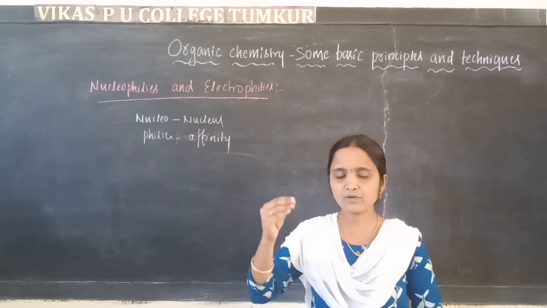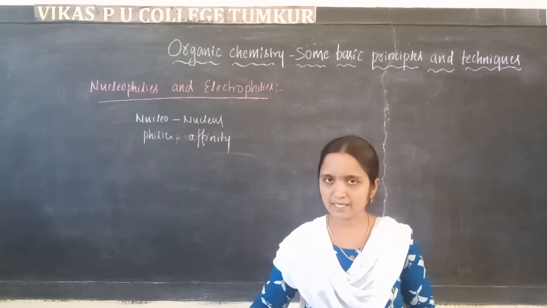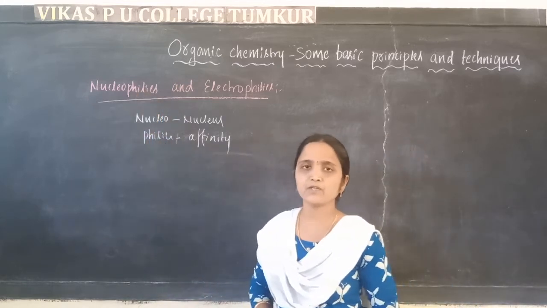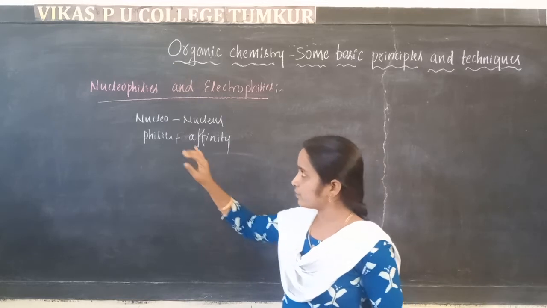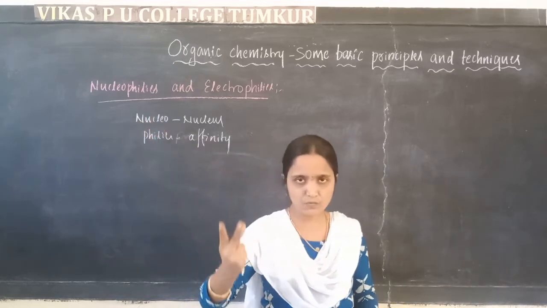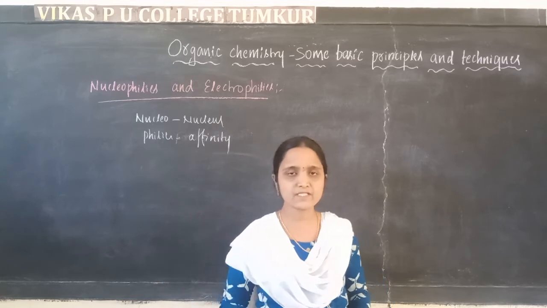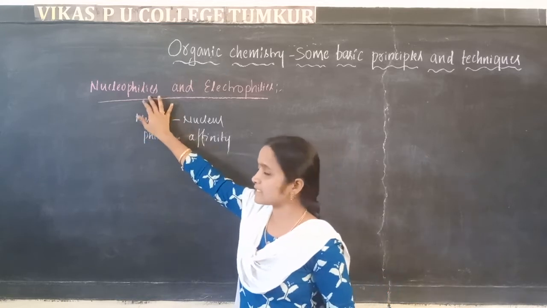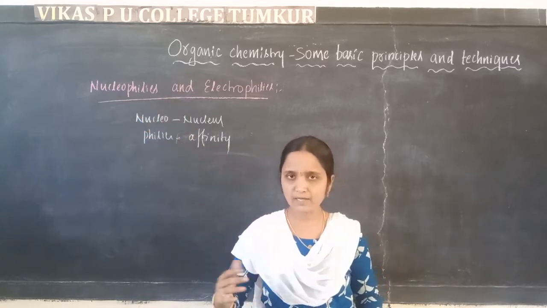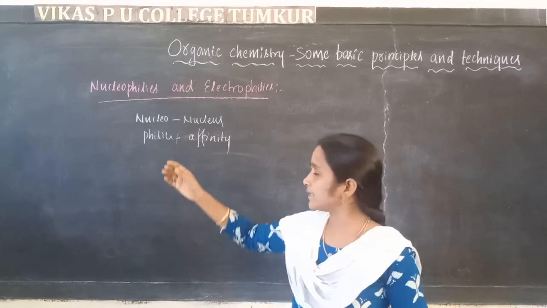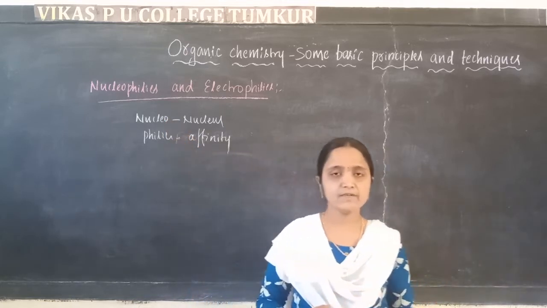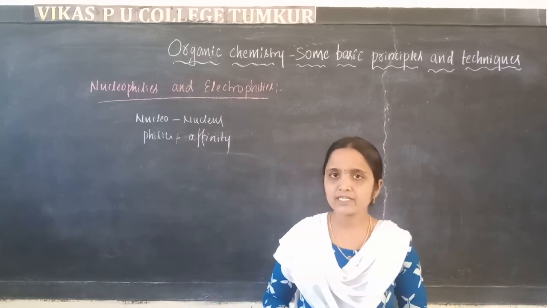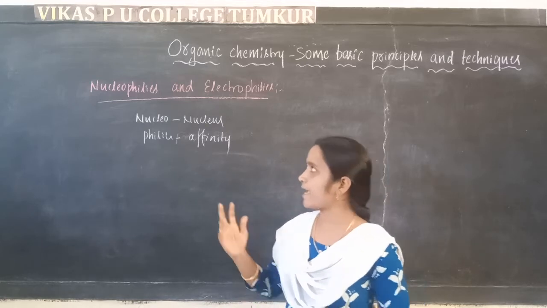If any reagent is ready to donate a pair of electrons in a reaction, we call that a nucleophile. Nucleophiles can be defined in two ways: electron rich species are called nucleophiles, and a reagent which can donate a pair of electrons in a reaction is called a nucleophile.